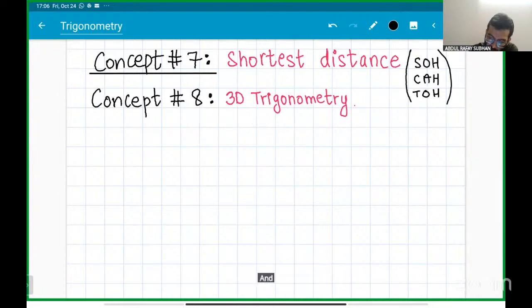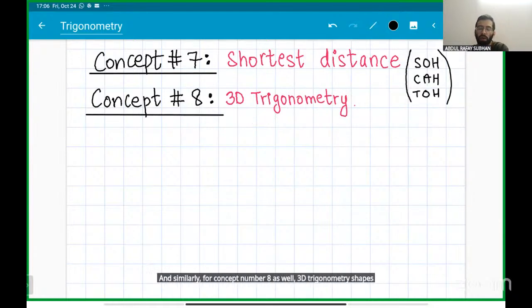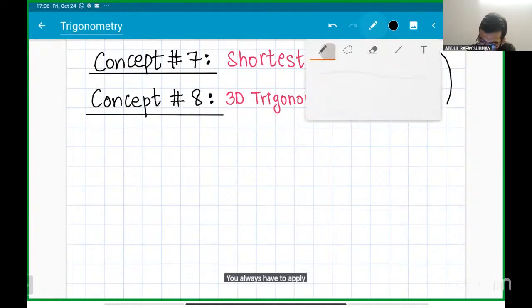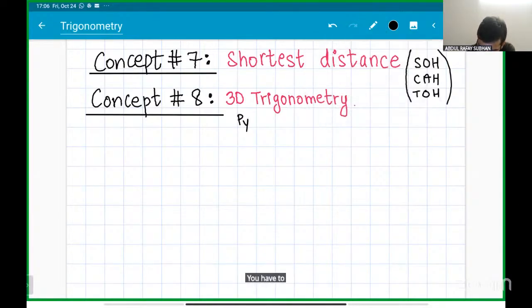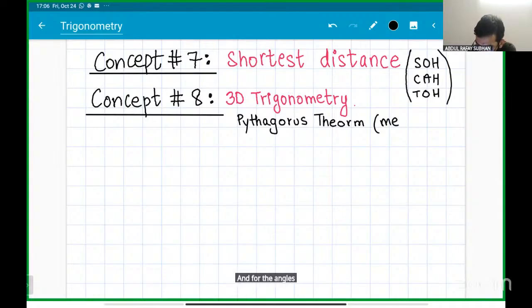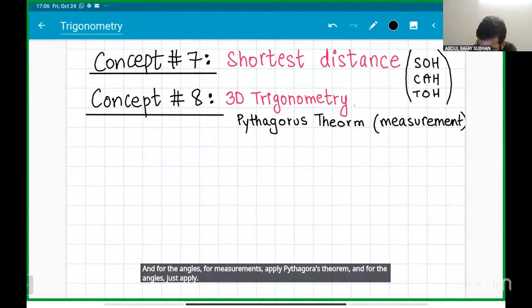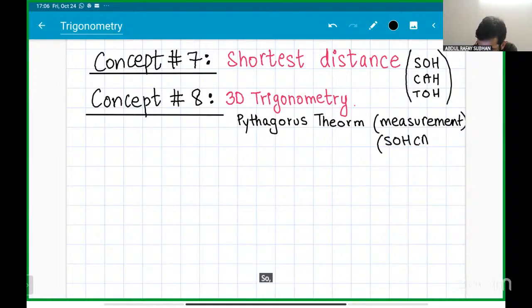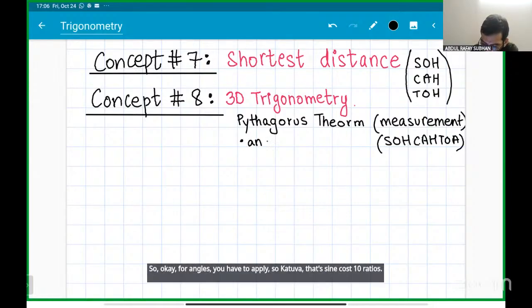And similarly for concept number 8, 3D trigonometry shapes or 3D working out, you always have to apply Pythagoras theorem for the measurements, and for the angles just apply SOHCAHTOA. Okay, for angles you have to apply SOHCAHTOA.